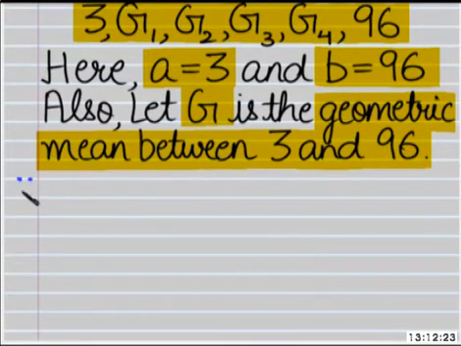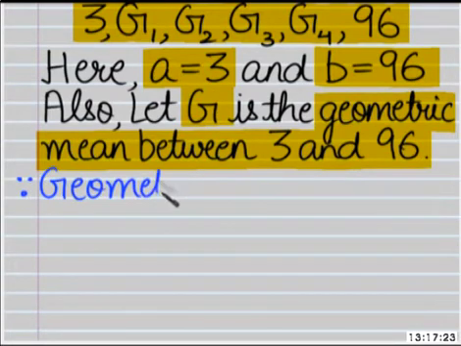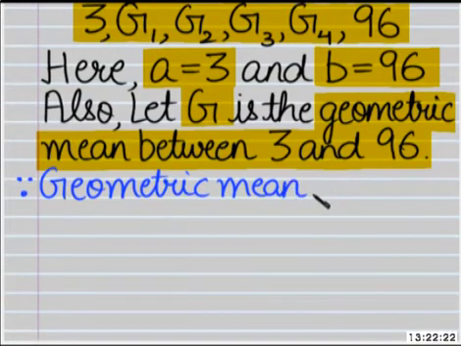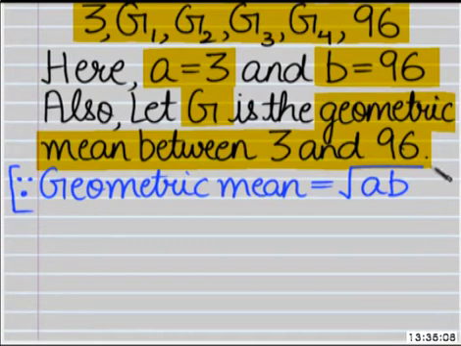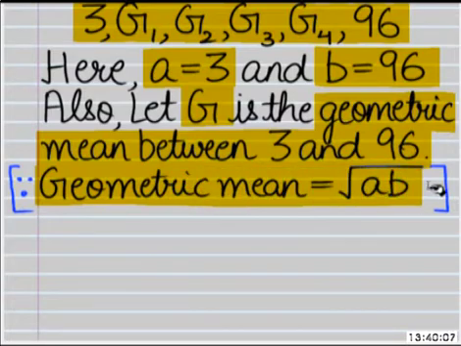Now, because we know that geometric mean of A and B in a GP series is equal to square root of A into B, where A is the first term and B is the last term of the GP series.